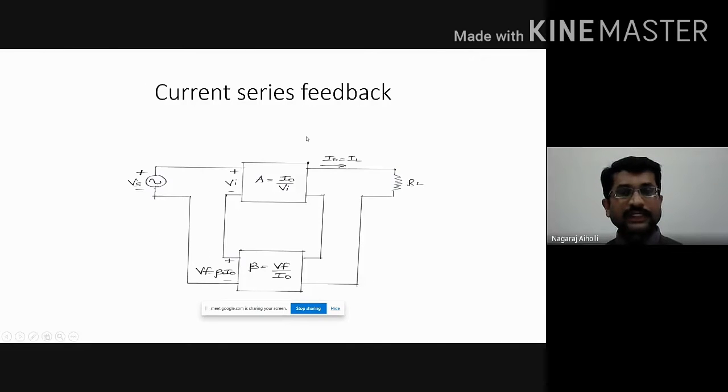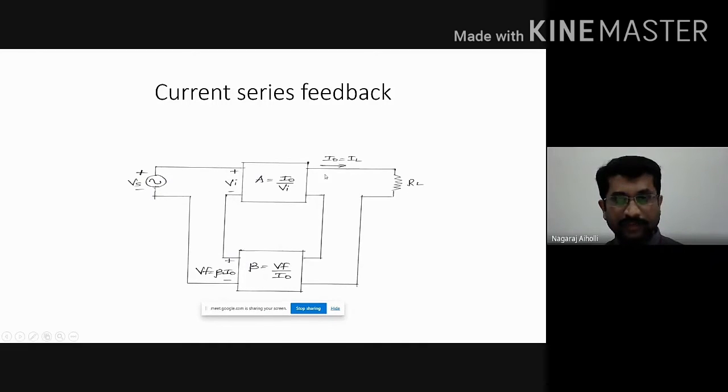Next, the current series feedback network. In it, we have the amplifier, the forward portion, and the feedback network. The input is the voltage Vs, the source voltage, and the input voltage is Vi.